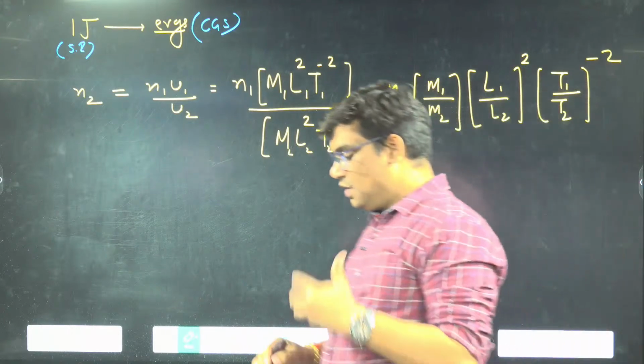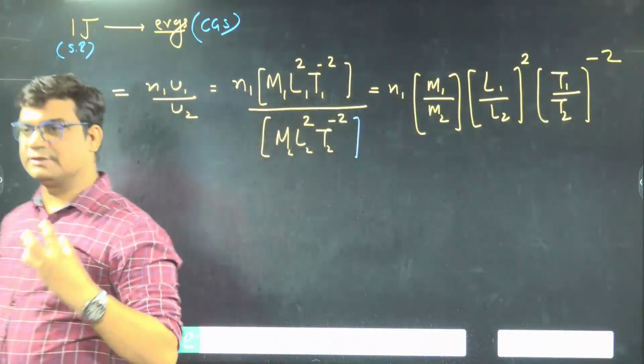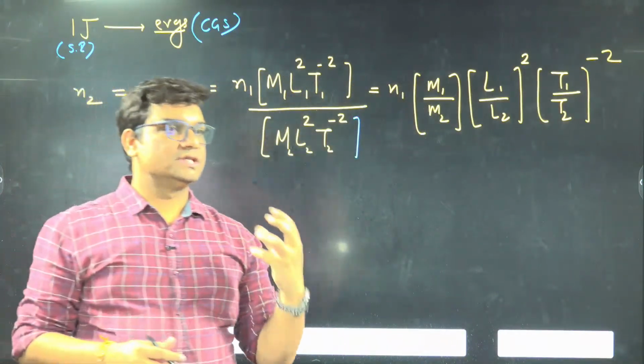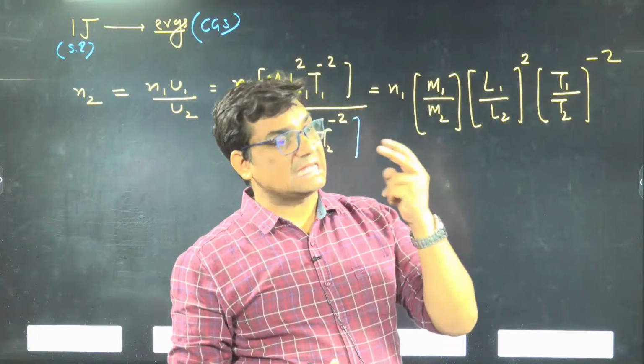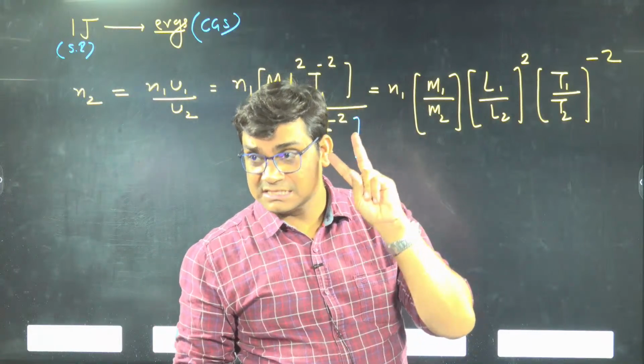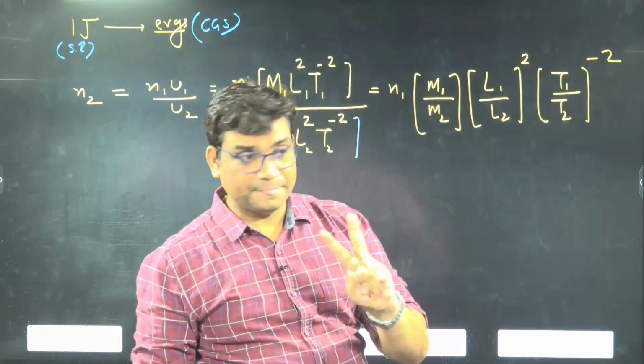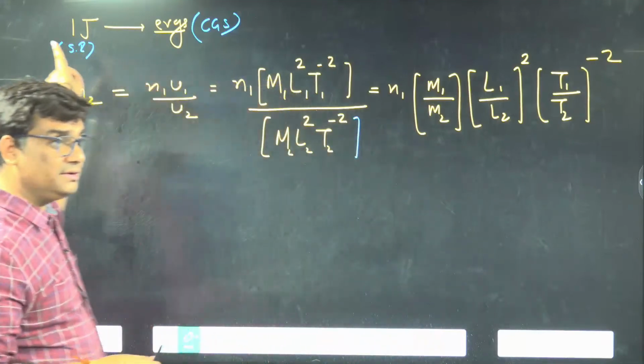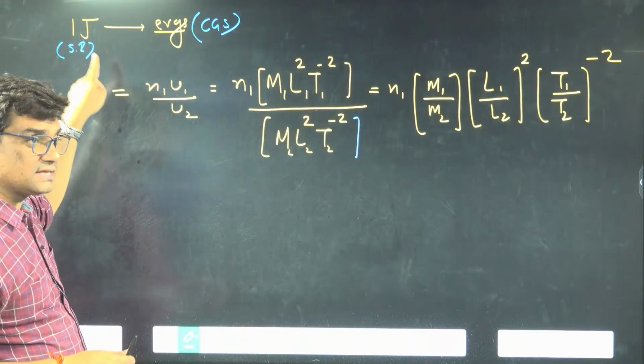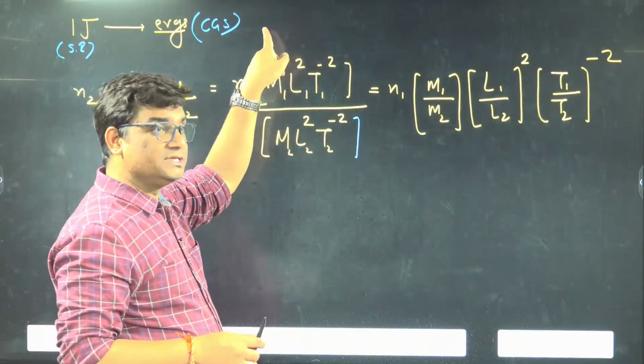Again, 1 represents the first set of units, 2 represents the second set of units, clear? The first set of units is SI, the second set is CGS.